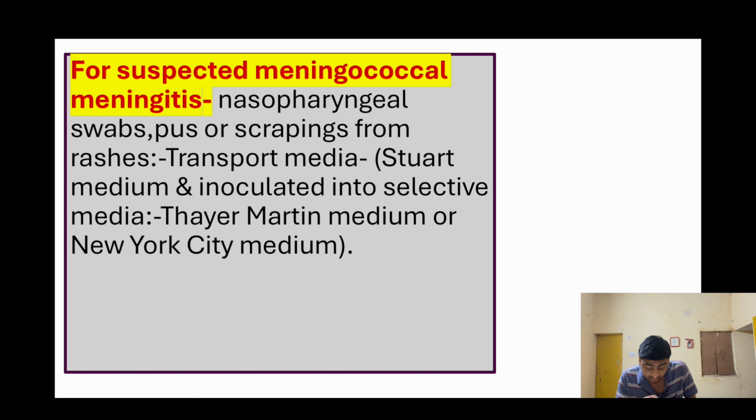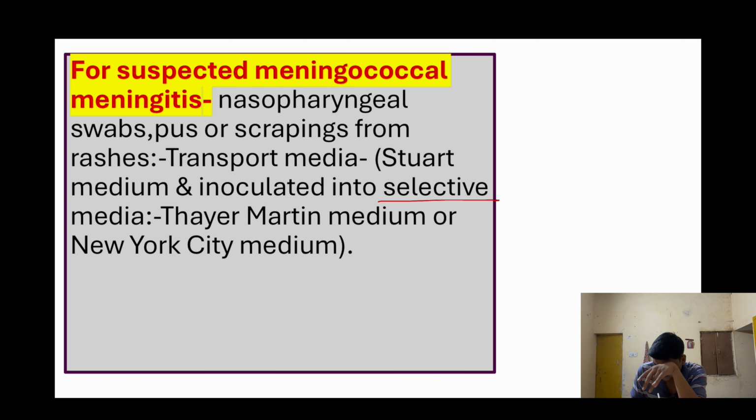In case of suspected meningococcal meningitis, we can also take nasopharyngeal swabs, pus or scrapings from the rashes, and the transport medium used is Stuart medium, and these are inoculated into selective media.